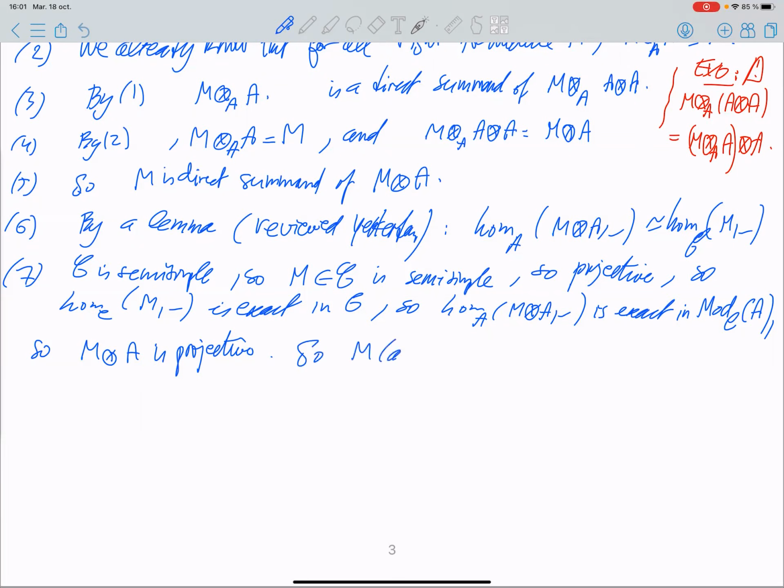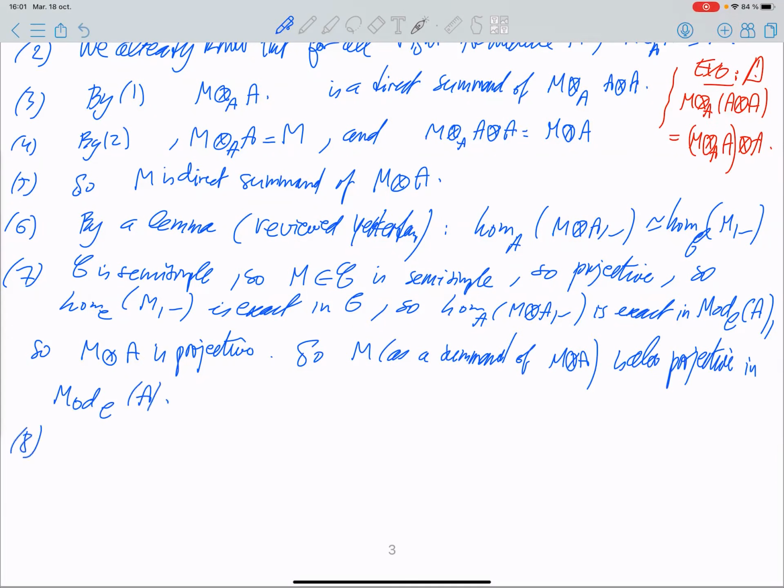So M as a summand of M tensor A is also projective in mod C A. Conclusion. Any right A module M is projective.